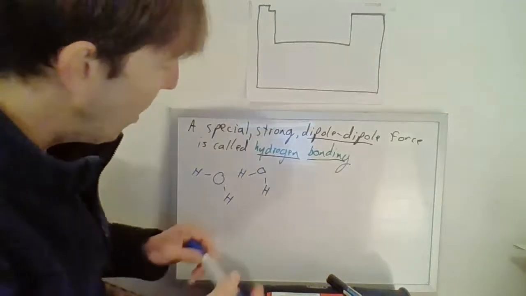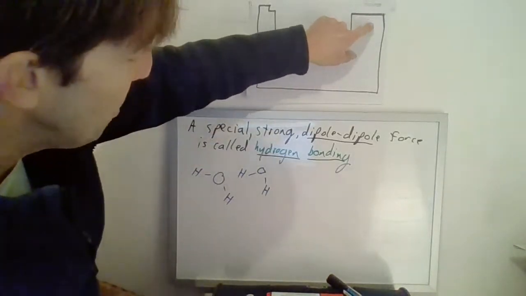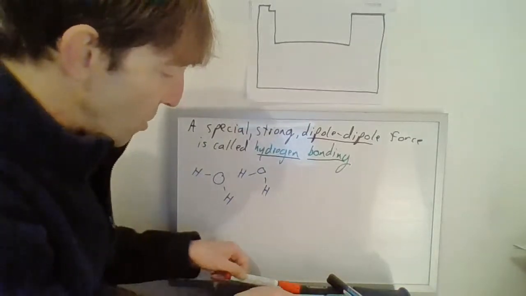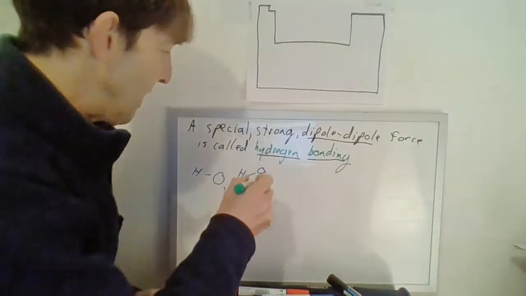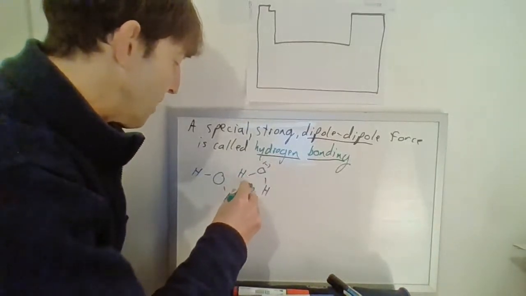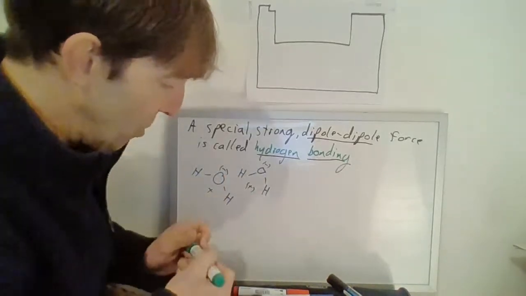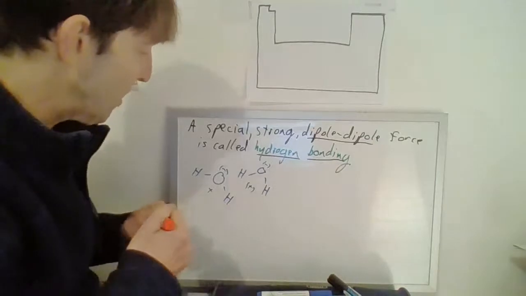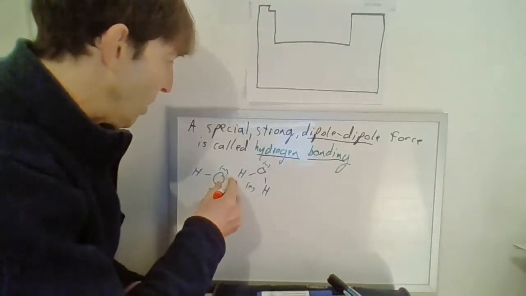O is very electronegative. So what we get is O is negative, that part of the dipole is negative. The other part is positive. We're getting a strong attraction from one molecule to the other, and that's called hydrogen bonding.